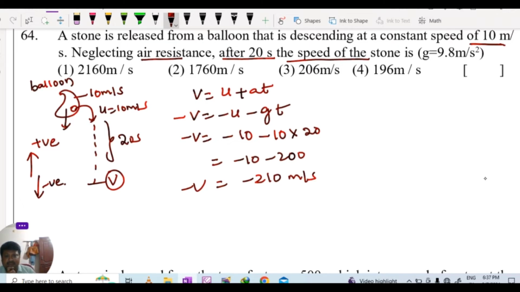So minus 210 meter per second. Minus minus gets cancelled, then v is equal to 210 meter per second. But here if you take g value 10, the answer is 210 meter per second.